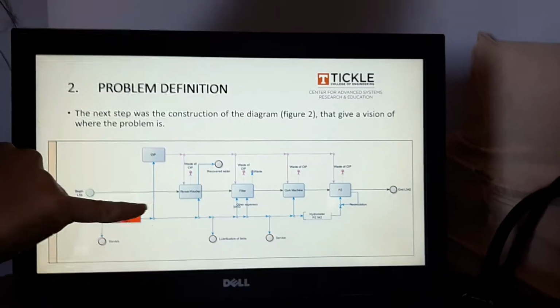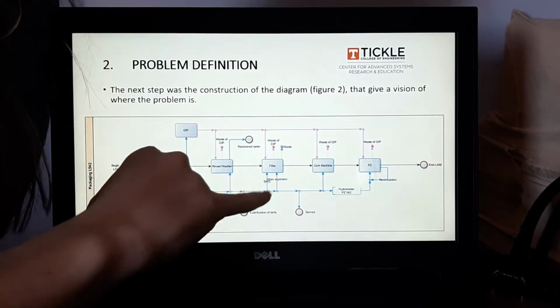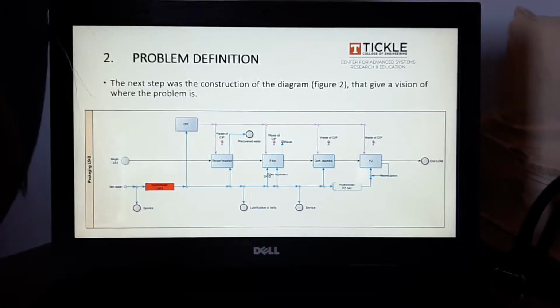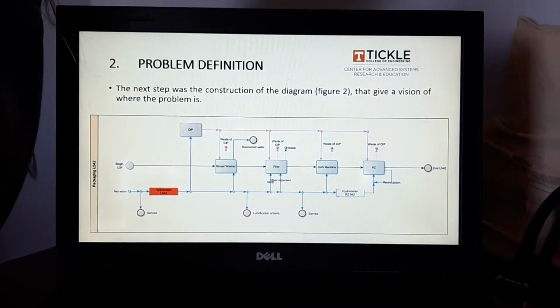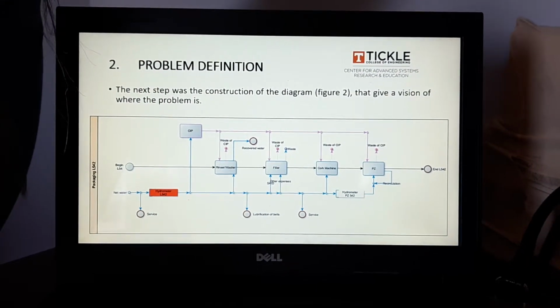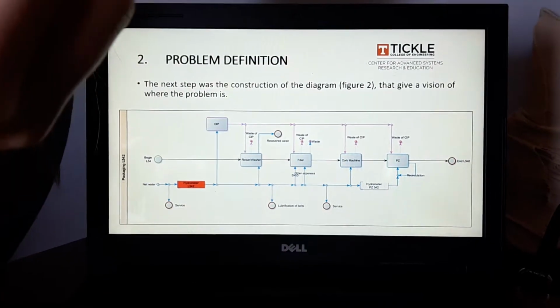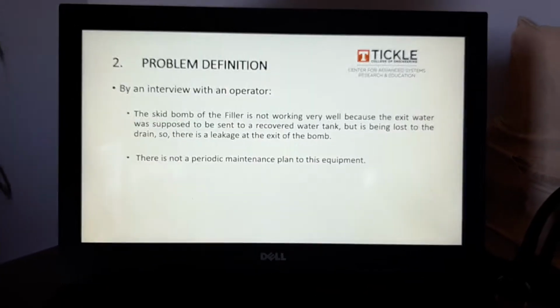So here when the production passes through the filler, we have a problem with the skid pump. The skid pump needs to work at a cool temperature. So that's why the water is useful there, to keep the pump at cool temperatures, okay?